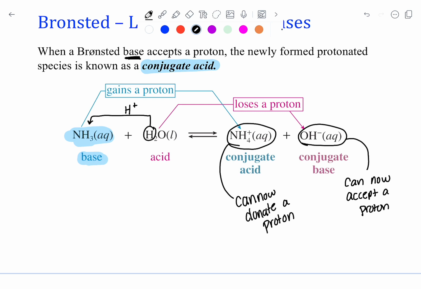And the same goes for the NH4+. It would rather exist without the charge, and so that's why it's more likely to now donate a proton and act more like an acid. So that's what we refer to them as. The conjugates are then the product, so conjugate referring to product, then acid or base referring to whether it would likely accept a proton or donate a proton.